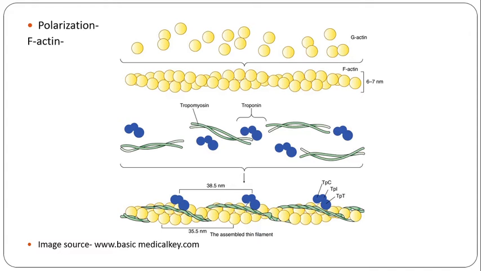Then troponin, blue in color, is made up of three subunits, that is TnC, TnI and TnT, which are also shown.